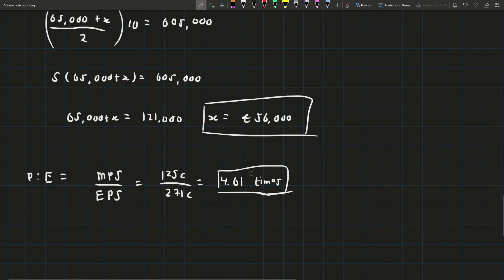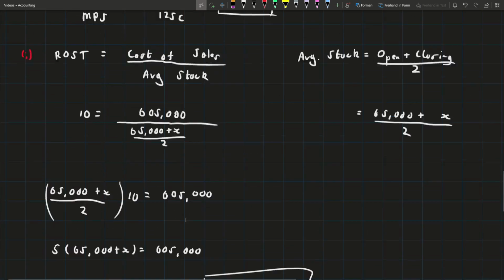That means after 4.61 years, which is actually the unit that they usually want it in. Sorry. So if every year one share earns 27.1 cents, that means that after 4.61 years, a share will have earned its value. So basically, a share will earn back its value after this many years. That's what the ratio tells us.